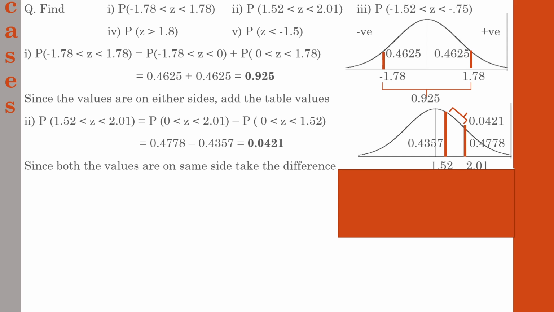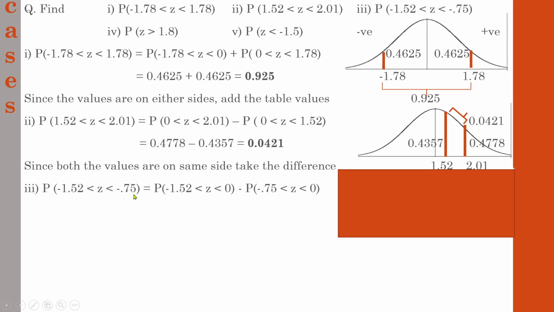And next one. The first one we dealt with was different signs. The second one we dealt with was same signs. Next, let us deal with similar signs, but both negative. How are we going to deal with that? In case both are negative, it is almost similar to the pattern we dealt with previously. See, there both are positive, so we took subtraction in between the values. The same thing is followed in case of negative values.